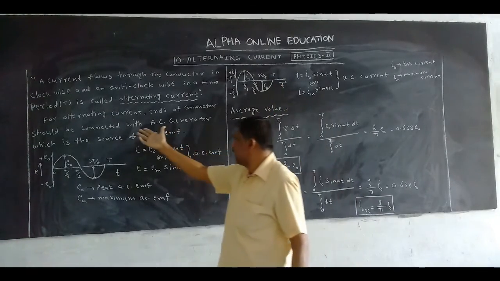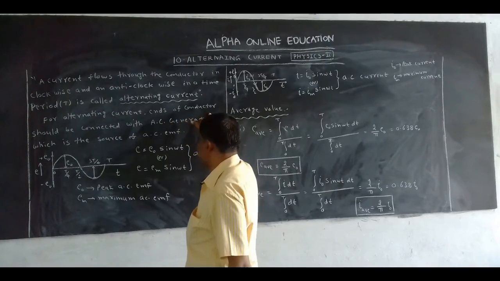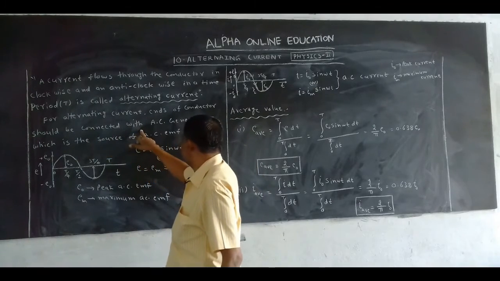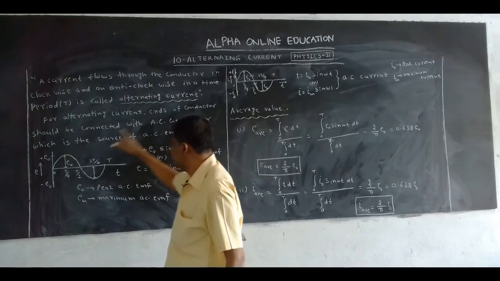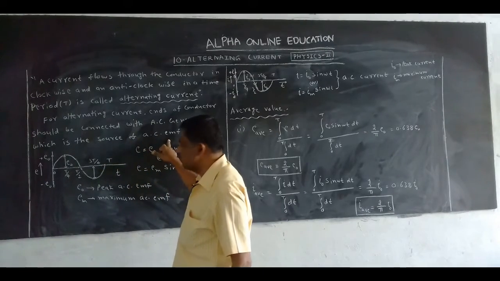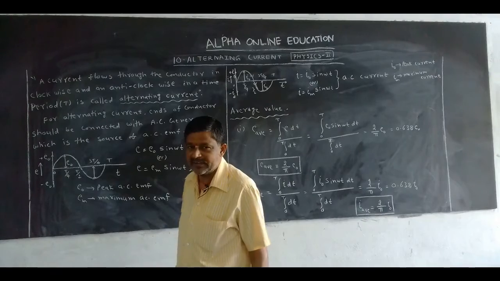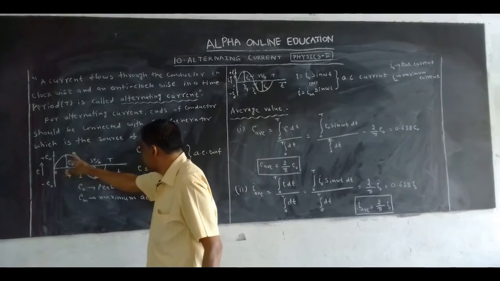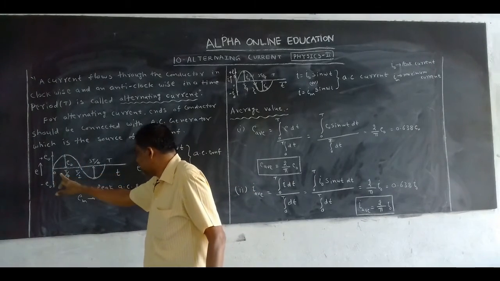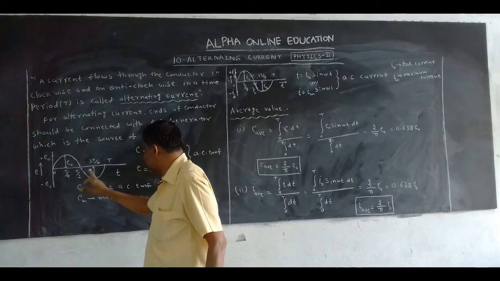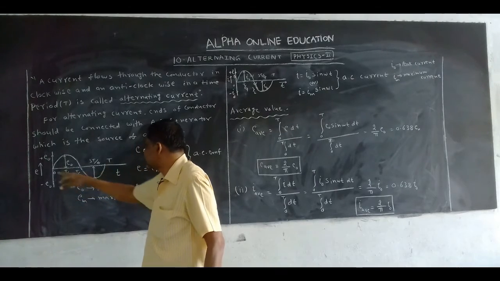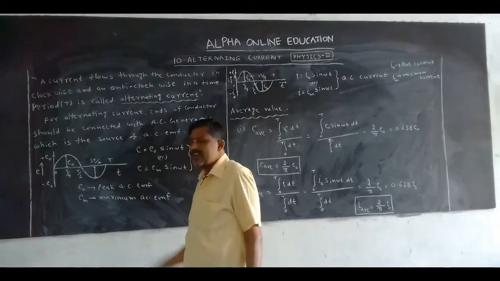For alternating current, the ends of the conductor should be connected with the AC generator, which is the source of AC EMF. Already we have studied the equation in the 9th chapter under AC generator: 0, T by 4, T by 2, 3T by 4 and T. What is this shape? Sine wave shape.